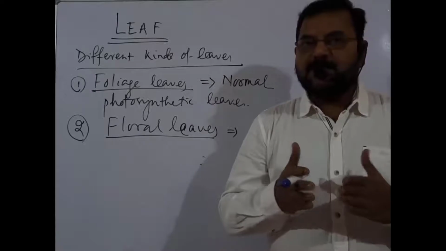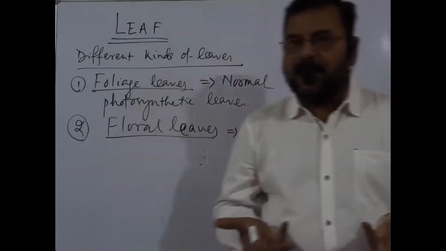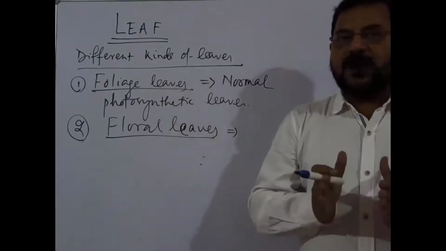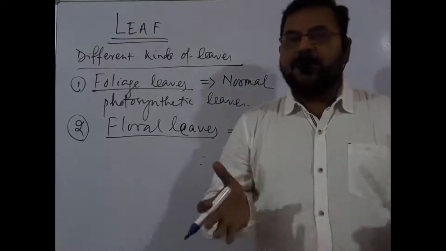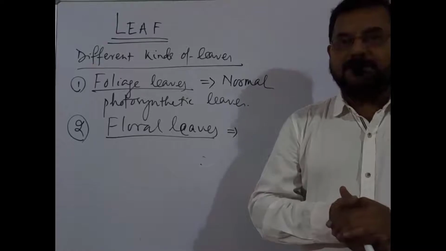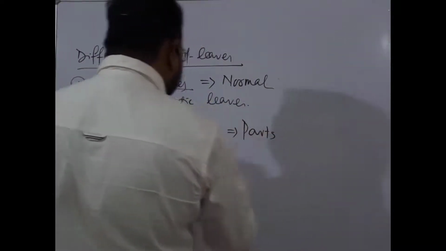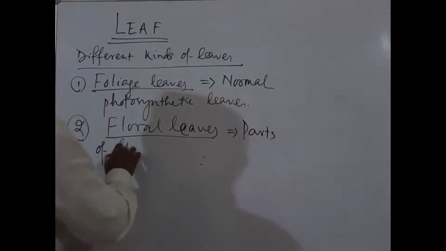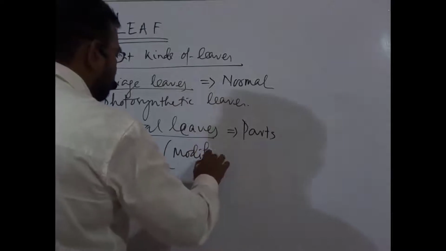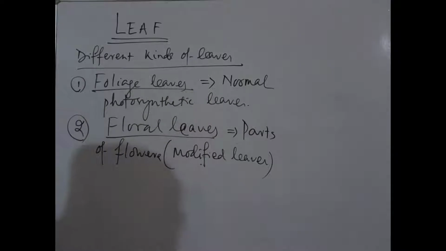Just as a branch has leaves, if the branch modifies and converts into a flower, then the leaves become part of the flower. So the parts of the flower, like sepals, petals, stamens and carpels, are known as floral leaves. They are called modified leaves.